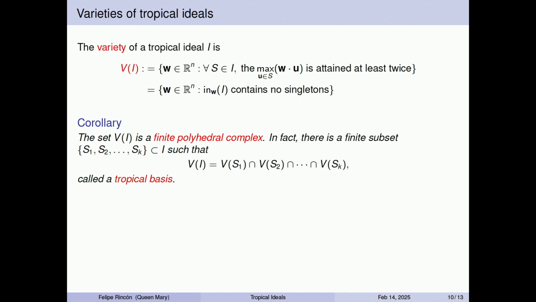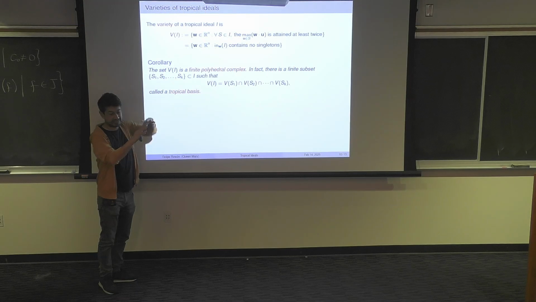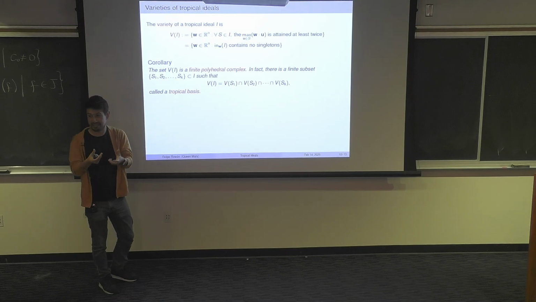And because this is a sub-complex of the Grobner complex, right? It just consists of all weight vectors where the initial ideal satisfies some property. That means that you're just picking some of the cones of the Grobner complex. We had proved that the Grobner complex was a finite polyhedral complex. That means that the variety is going to be a finite polyhedral complex. And this is very much false if we restrict to more general ideals that don't satisfy the matroidal condition.